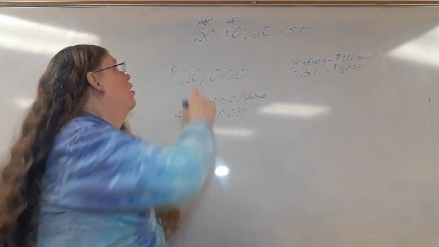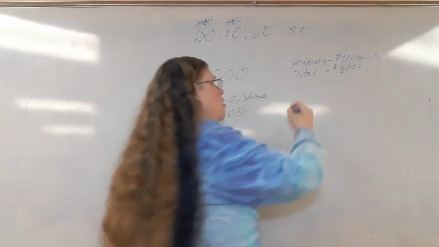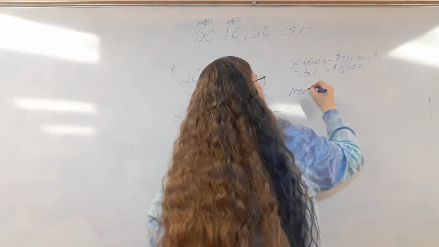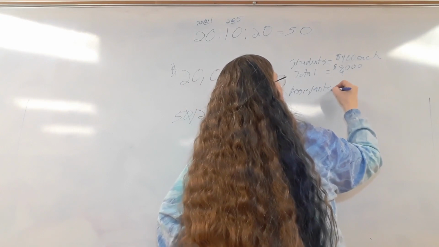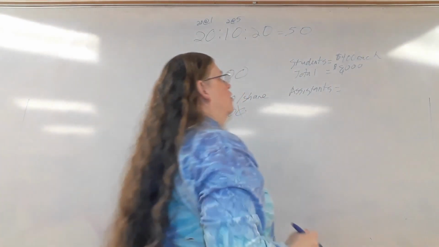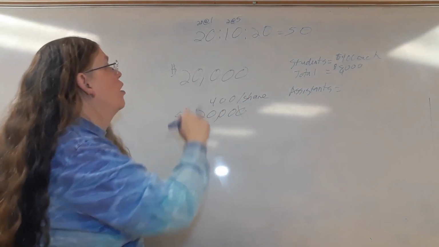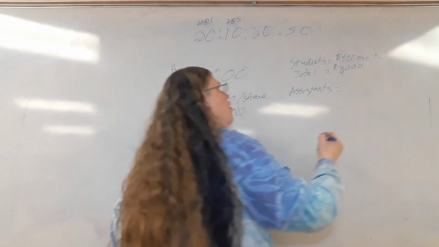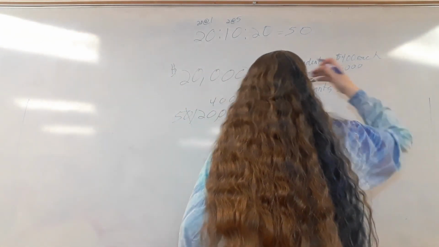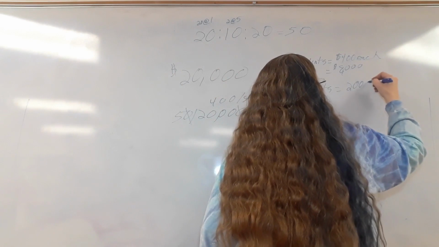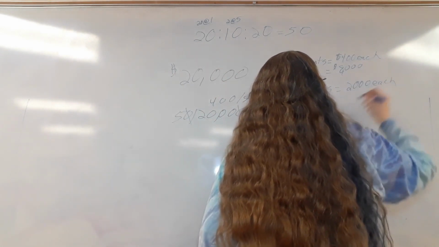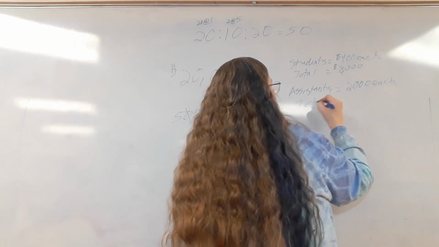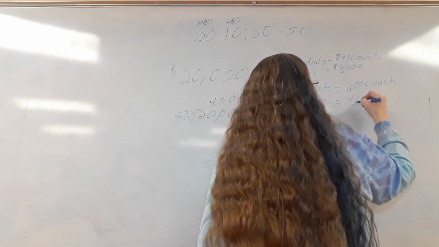Our assistants, they get 5 shares. So we multiply 400 by 5. So they get 2,000 each. So they total 4,000.